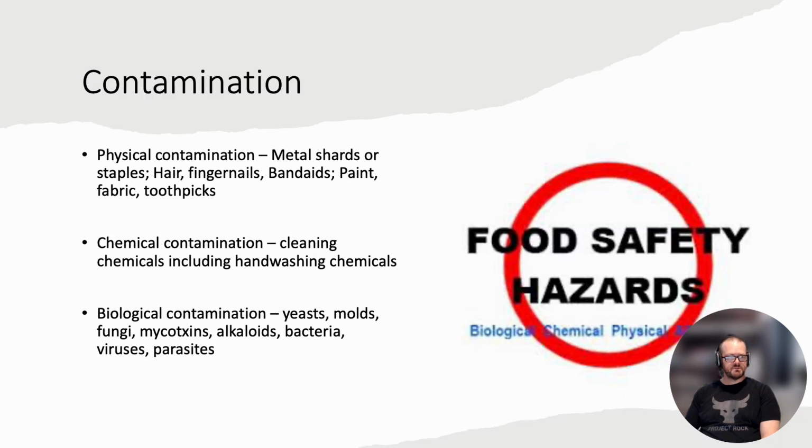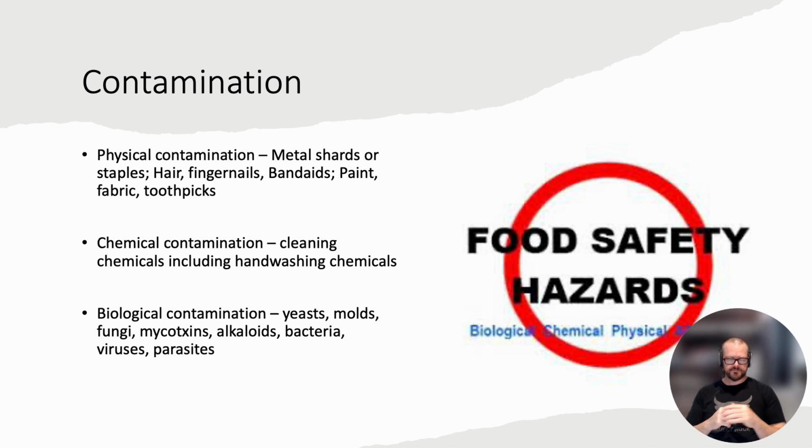So I talked about this just before. When we're talking about contamination, we classify it into three areas. Physical contamination, being metal shards or staples. Hair is the worst one, or band-aids, paint, fabric, toothpicks.